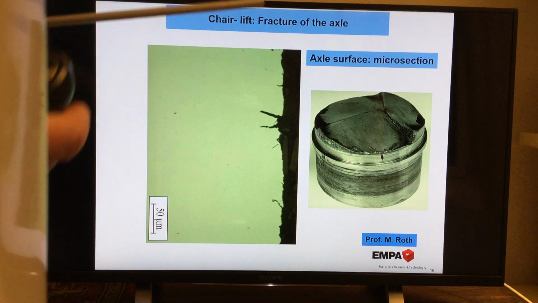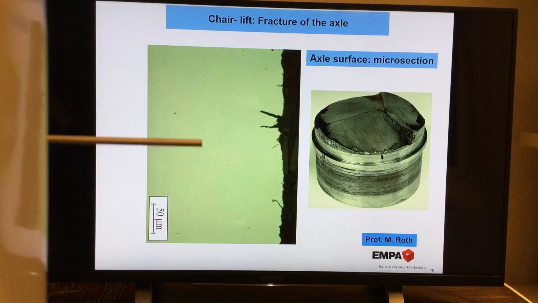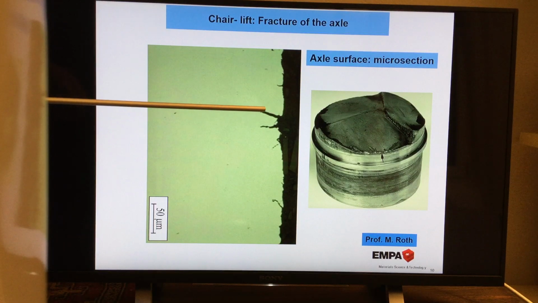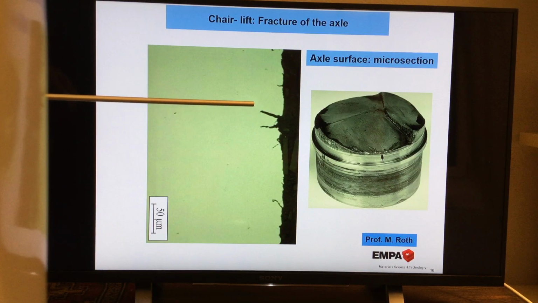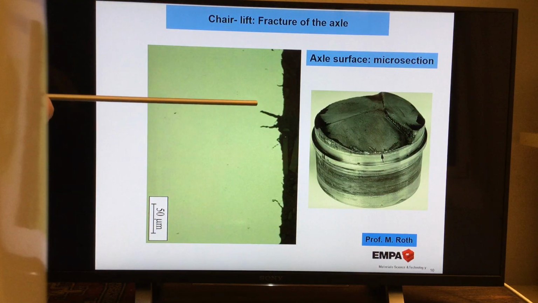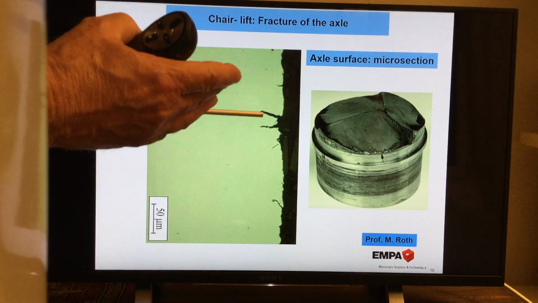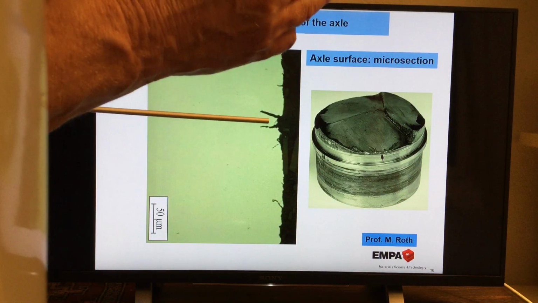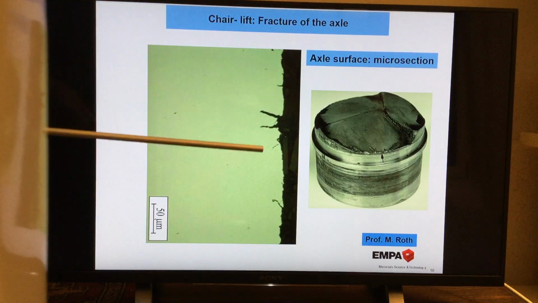So at the very beginning, the influence of corrosion is very high, and the crack is first pushed inside by corrosion, but by the time the crack is growing and growing, the mechanical part increases.